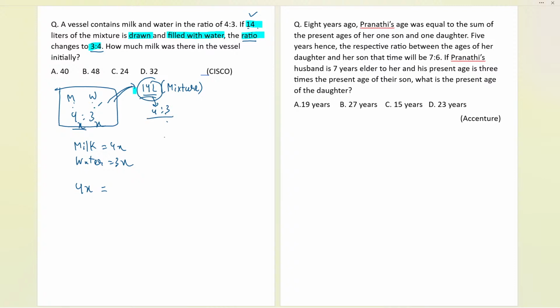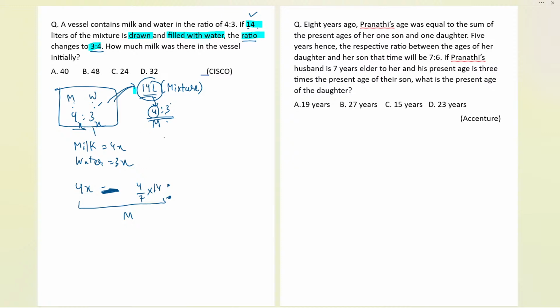And if I subtract only the milk part, it will be 4 upon total, 4 upon 7, that is the fraction of milk that is taken out. 4 upon 7 into overall 14 was taken out. So now we have the milk. This is milk, which we have considered, and this is what we have subtracted. 4x minus 4 by 7 times 14.